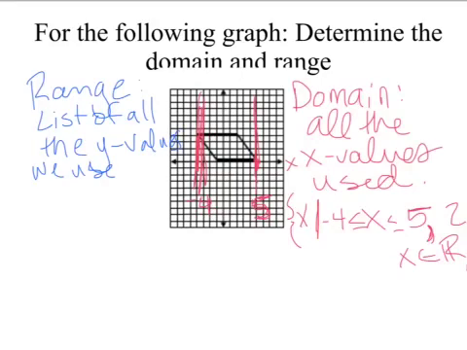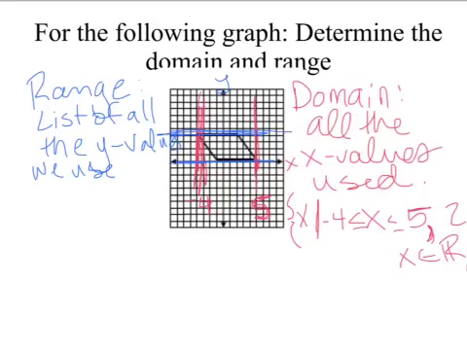It's really the best way to think about domain and range. So y is the vertical axis. You want to think about what's the lowest and what's the highest point on this graph as far as y values are concerned. The lowest part of the graph is on the x-axis. The highest part of the graph is the top of this quadrilateral here.